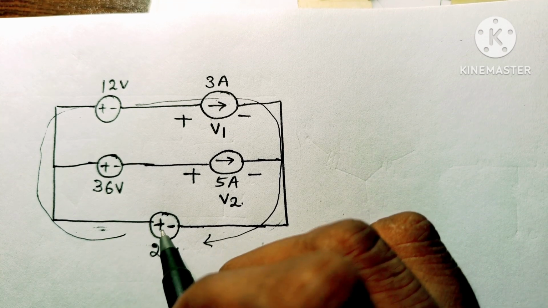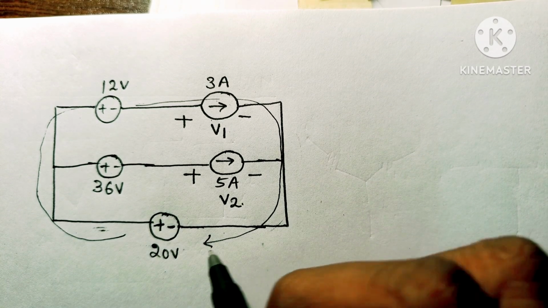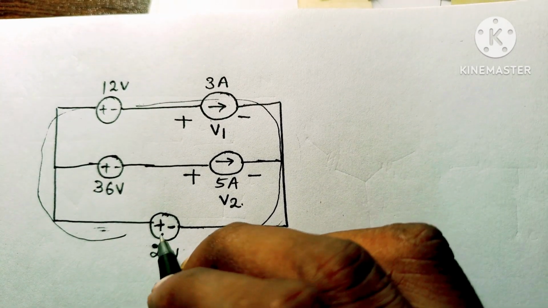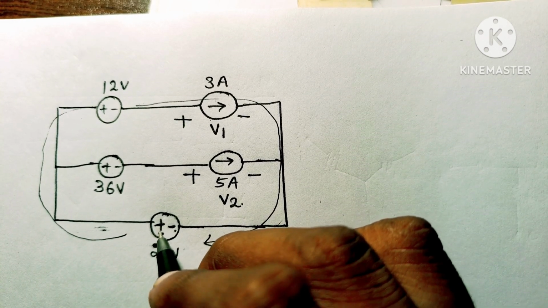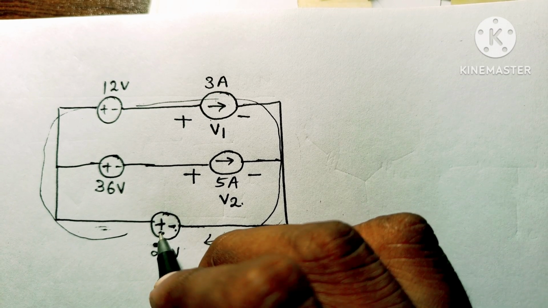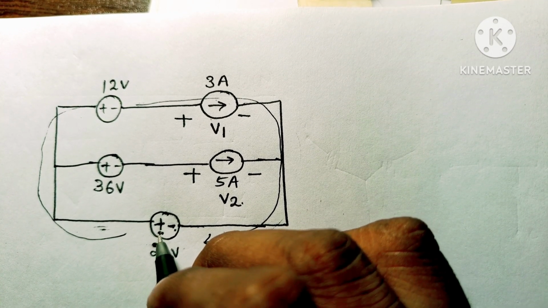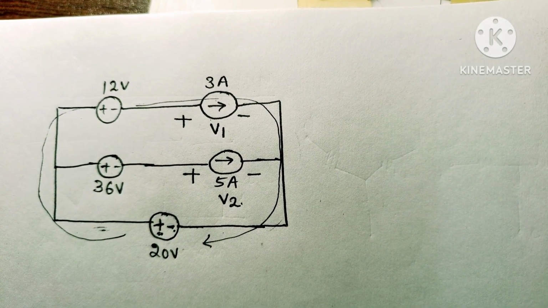In each case, whatever element we find in our route while moving in this mesh, we take the second sign. Here, if we move in this direction, the negative sign is first and the positive sign second, so we write the sign which appears after the first sign. In this way the KVL will be easy to write.